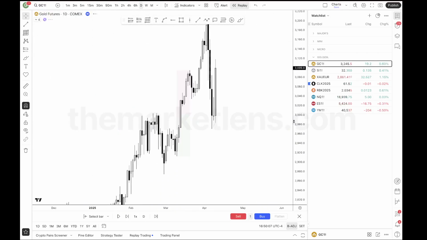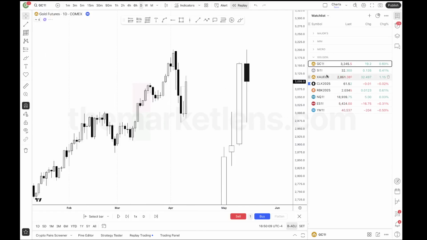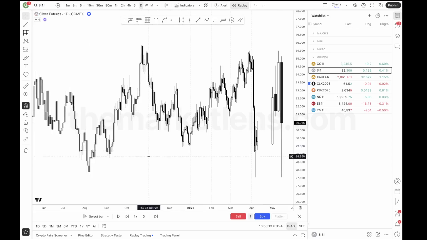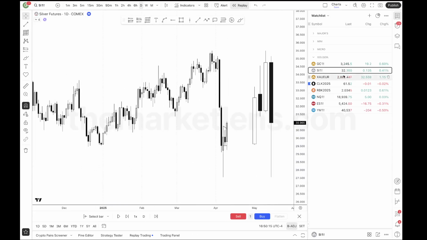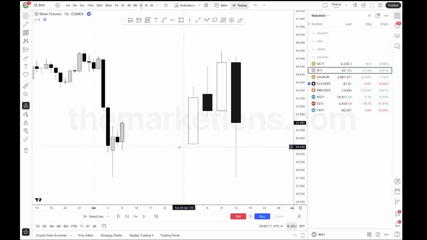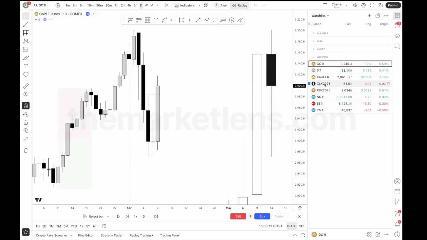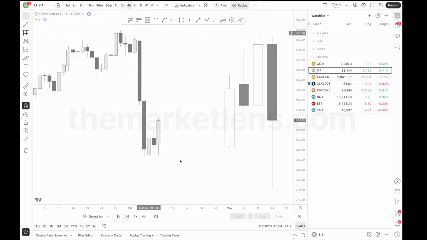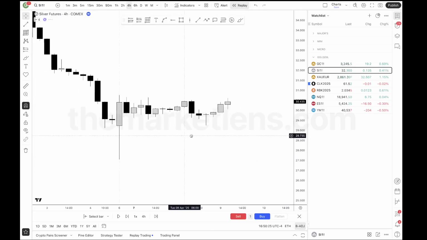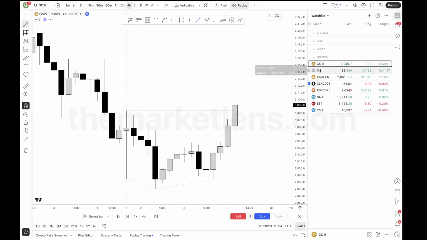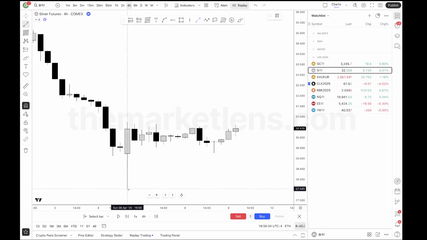And this is after, mind you, we created this huge SMT where silver took out a bunch of lows, right? So what are we seeing here? We're seeing a two-stage SMT, so I'm going to show you right here. It's like 10 o'clock Monday, it creates a, oh yeah, it's a bit weird.